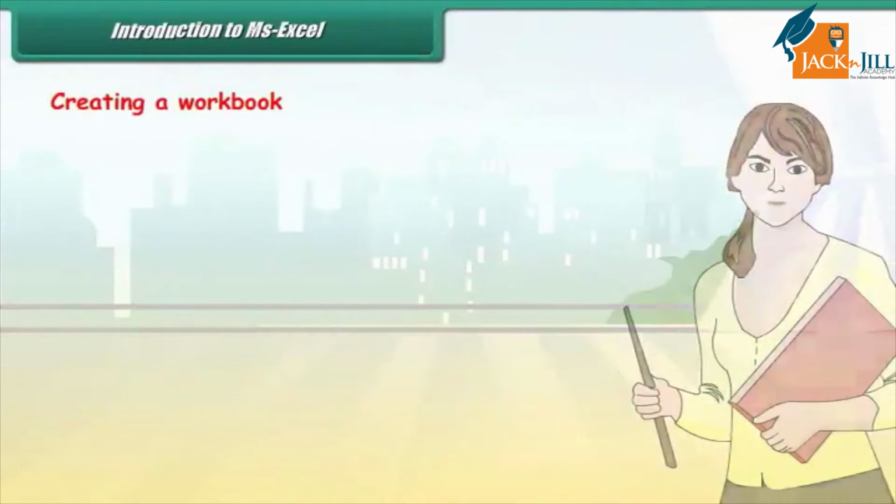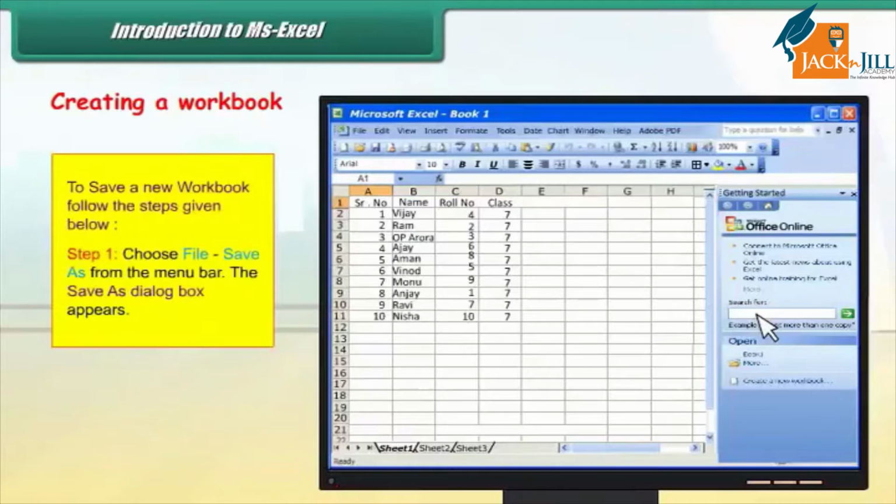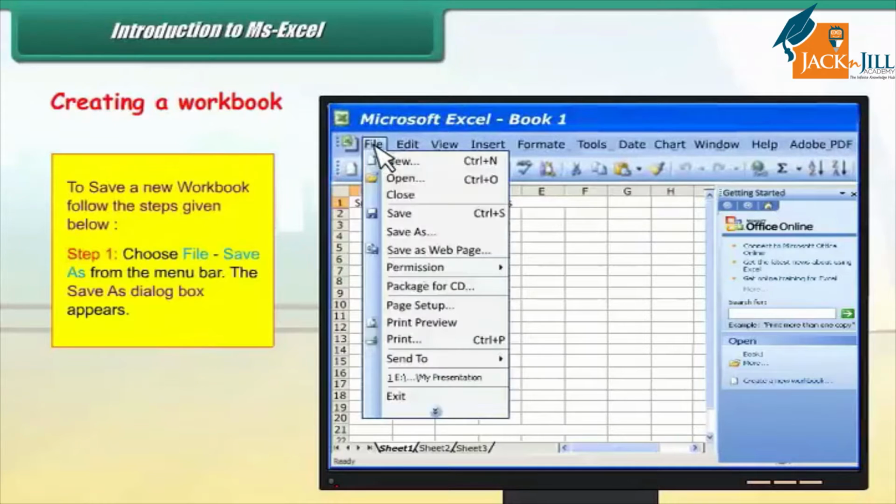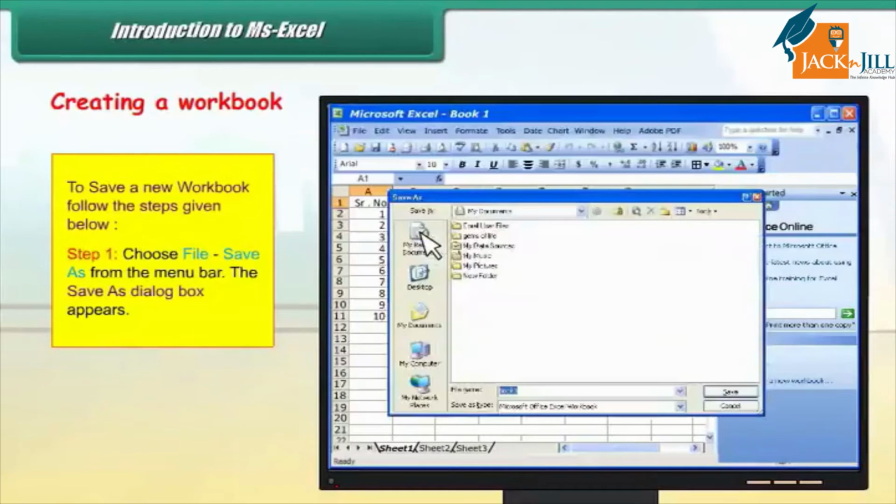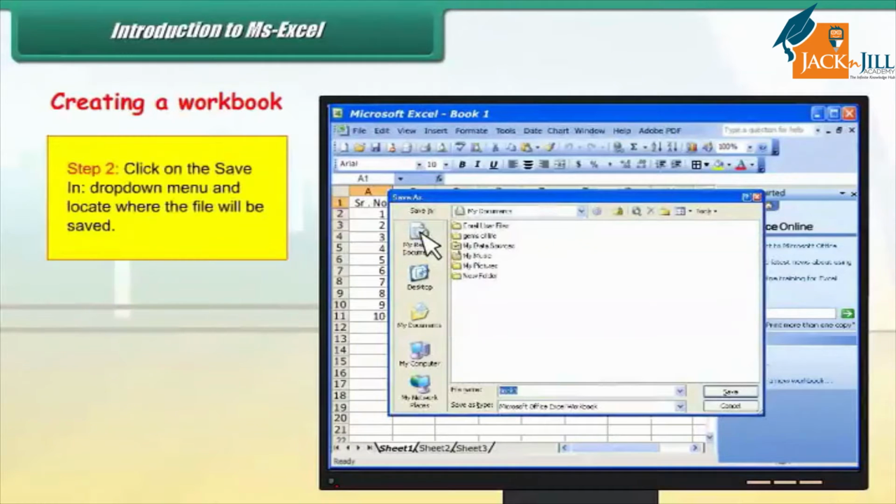Saving a workbook. To save a new workbook, follow the steps given below. Step 1. Choose File, Save As from the menu bar. The Save As dialog box appears. Step 2.